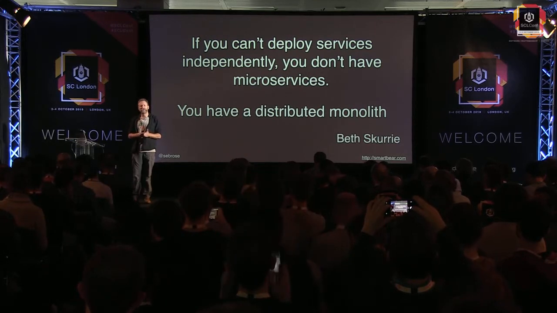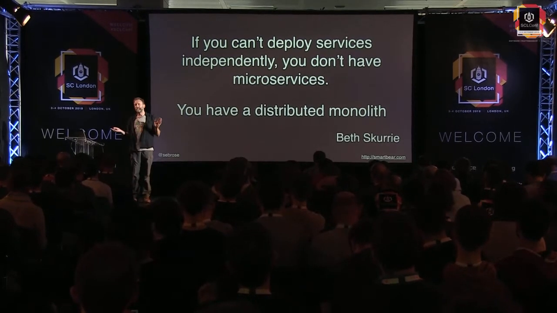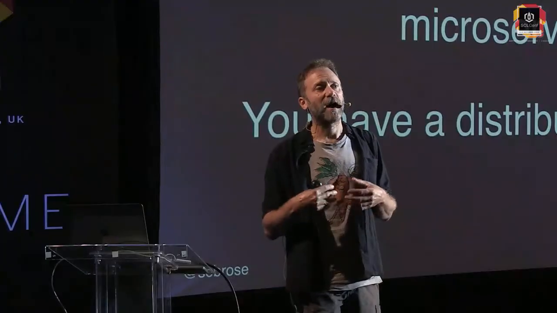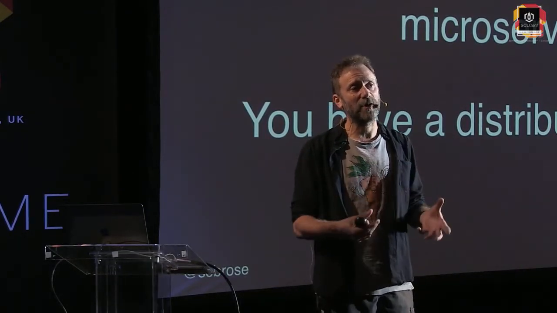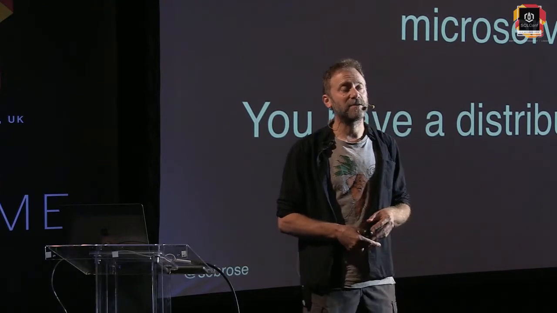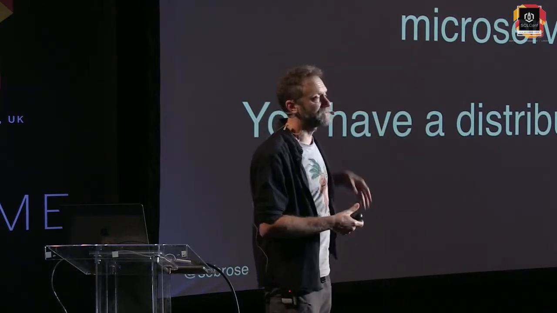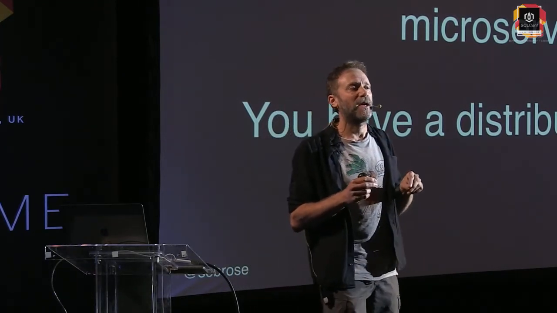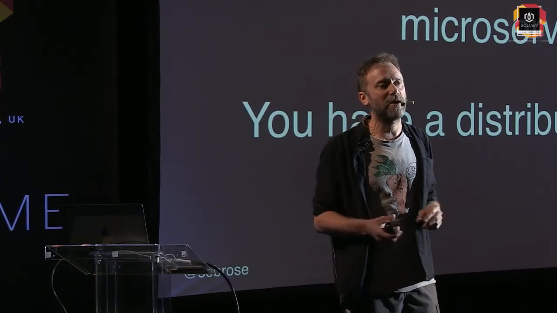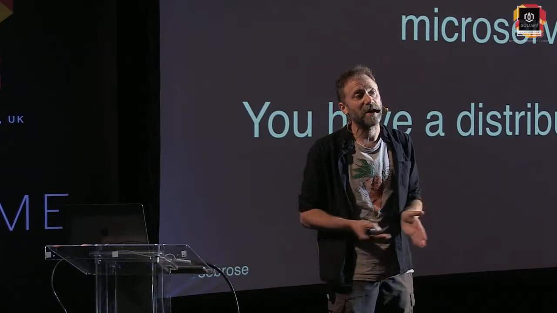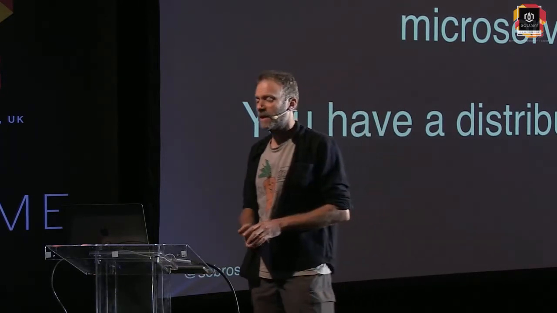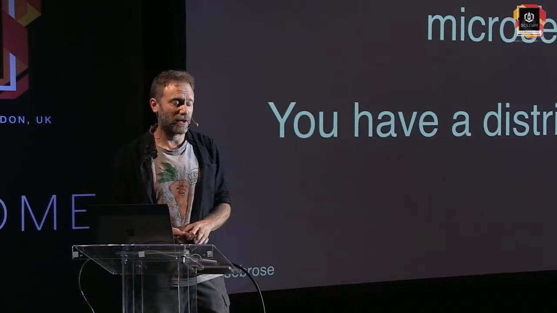I think they're actually different dimensions. A monolith, in my mind, talks about how many pieces you need to deploy, and microservices is talking about how independent they are in their deployment. So they're not actually talking about the same thing. So you can have a distributed monolith.